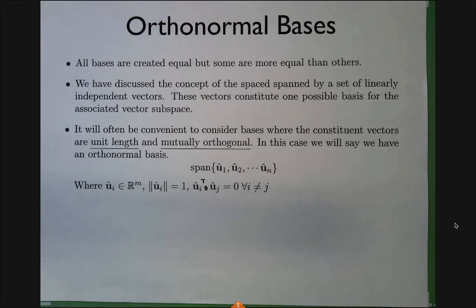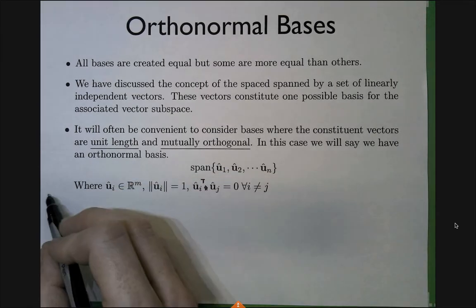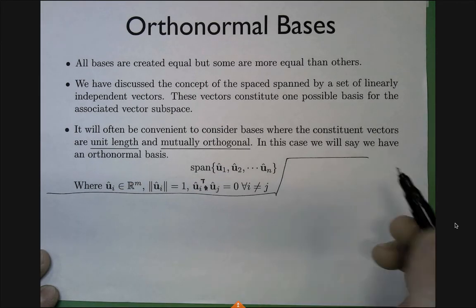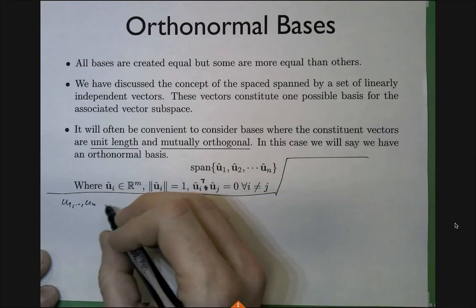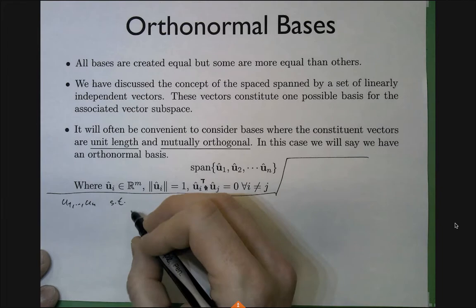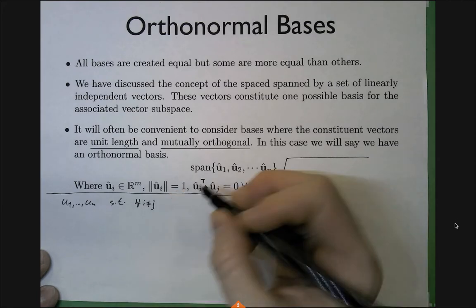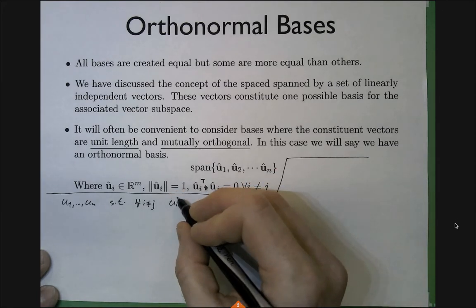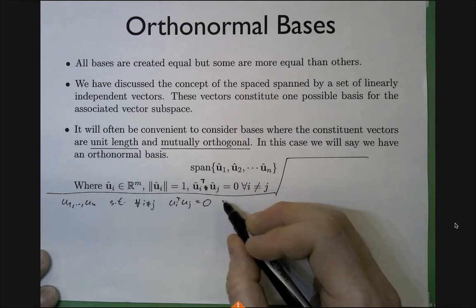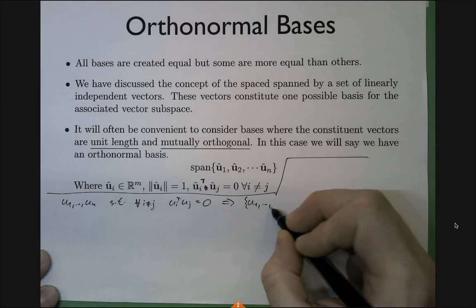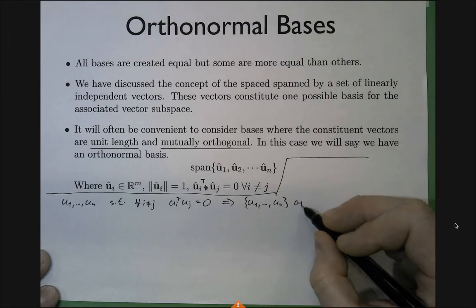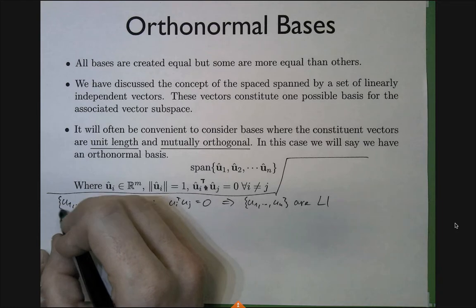Can you think about a proof? The proof is actually very simple. So let's assume that I have u1 up to un, such that for each i different from j, the dot product of ui and uj is 0. And I want to say that this implies that u1 to un are linearly independent.